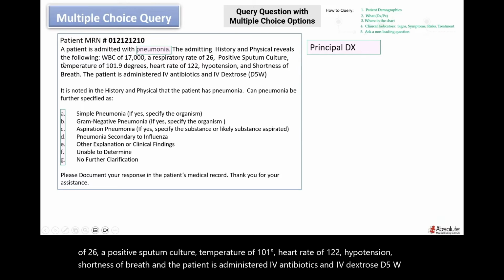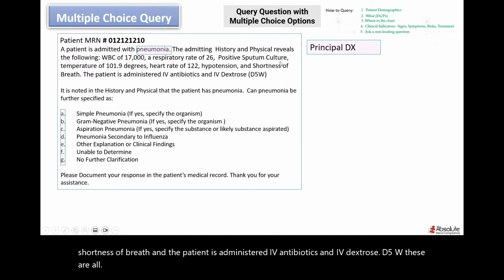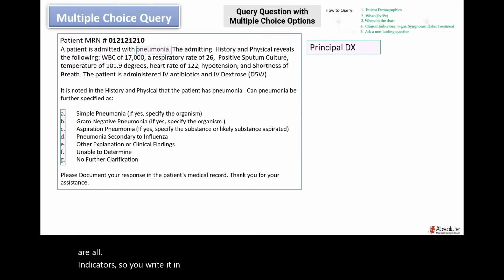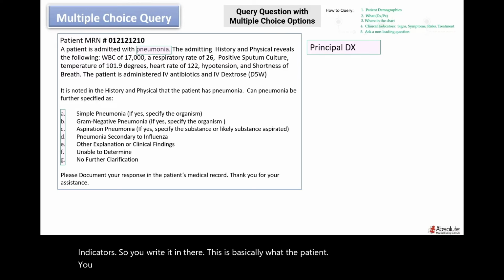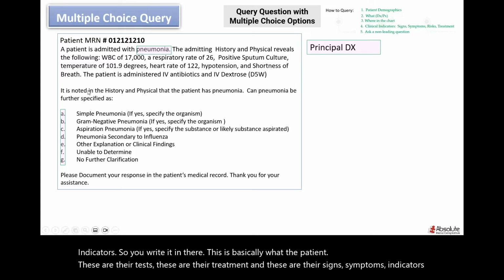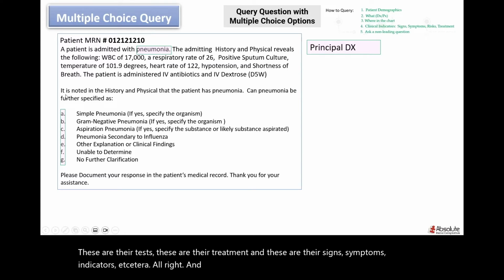These are all indicators. So you write it in there. These are their tests, their treatment, and their signs, symptoms, indicators, etc. And then here is my query question.